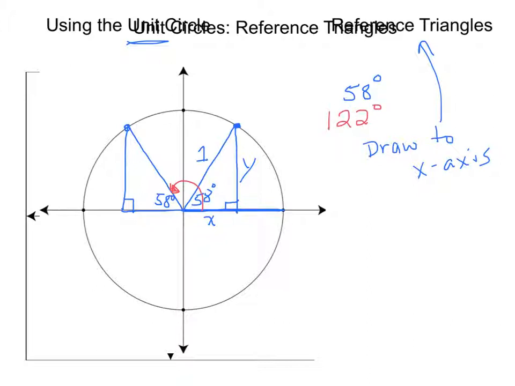What that means is that the reference triangle we're going to use for the 58 is the same reference triangle we would use for the 122. It's also the same reference triangle we would use for, actually, can anybody think about it in this quadrant right here? What would be that reference triangle right there? What would be the total degree? 238. So it's the same reference triangle we would use for 238 if we went there. 180 plus 58.